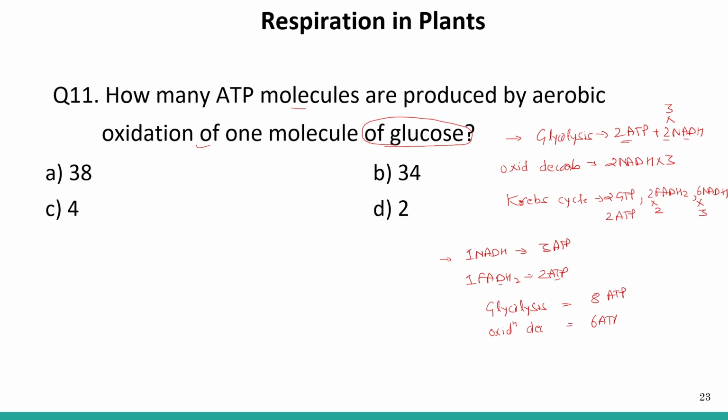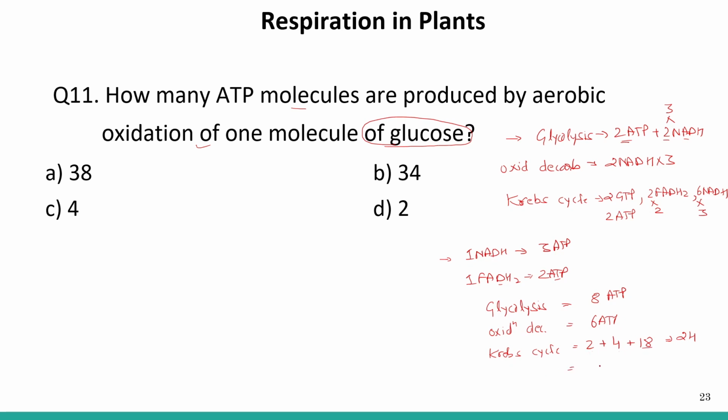Then we have the Krebs cycle: 2 ATP plus 4 ATP from FADH2 plus 18 from NADH. What is the total? 18 plus 2 is 20, and then 24.